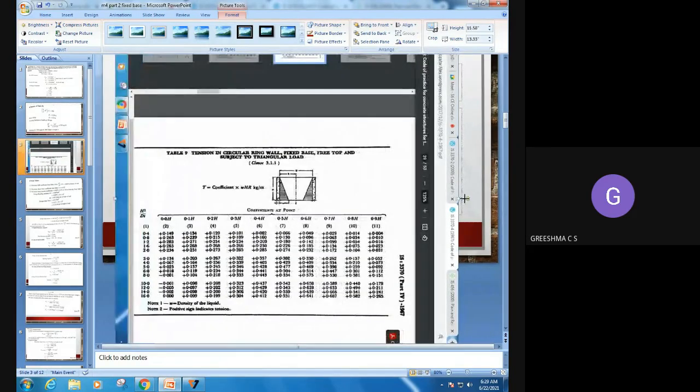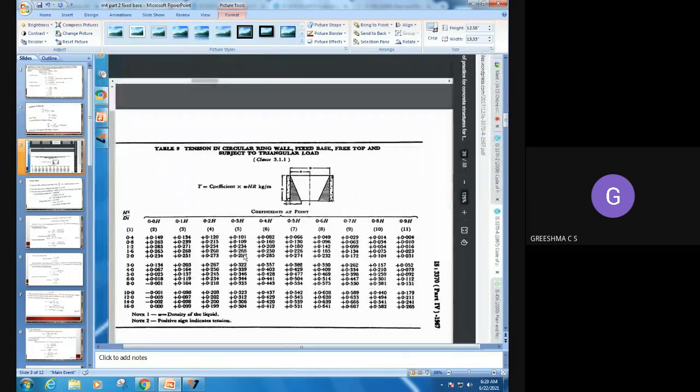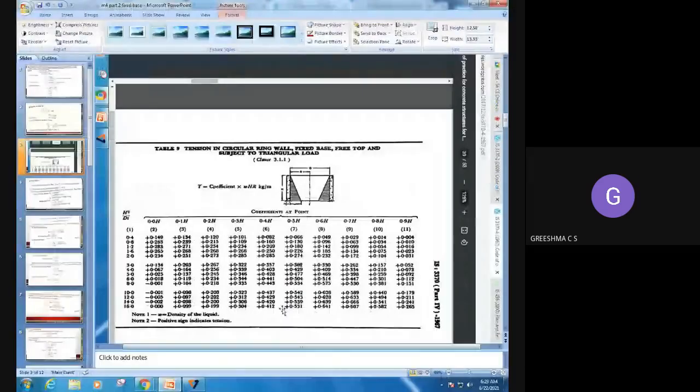So see this. From this table you have to find out. So the h square by dt value is 16.